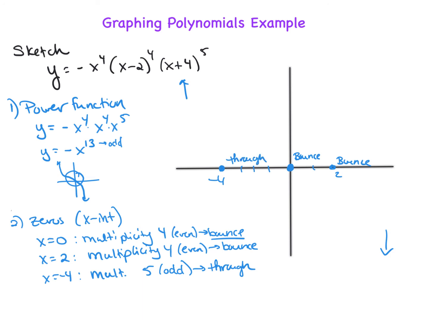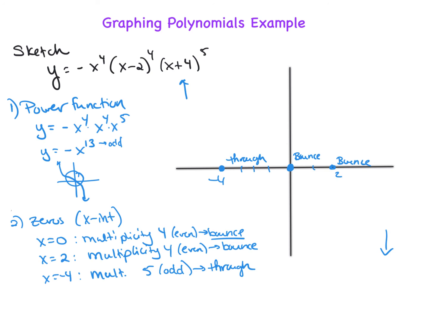So when I'm going to sketch this curve, I need to start in apparently the upper left-hand corner, pass through negative 4, bounce off of x equals 0, bounce off of x equals 2, and end up down in the right-hand side. So I'll carefully draw that graph.